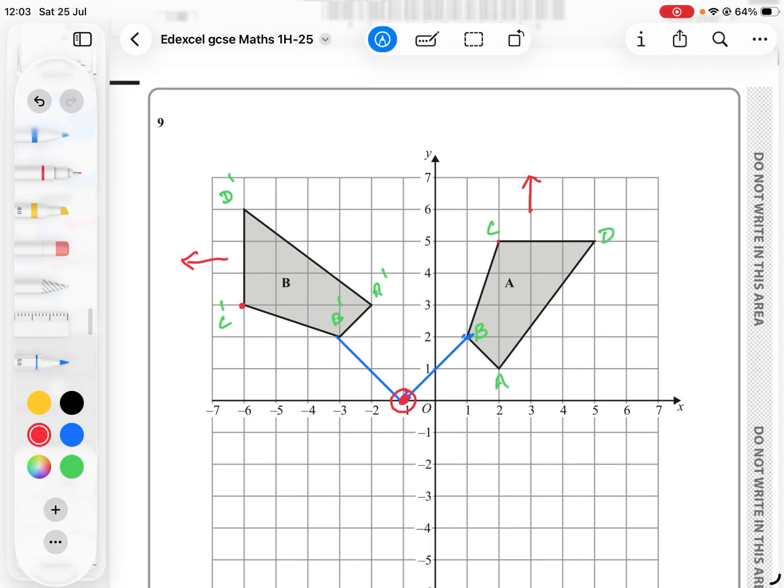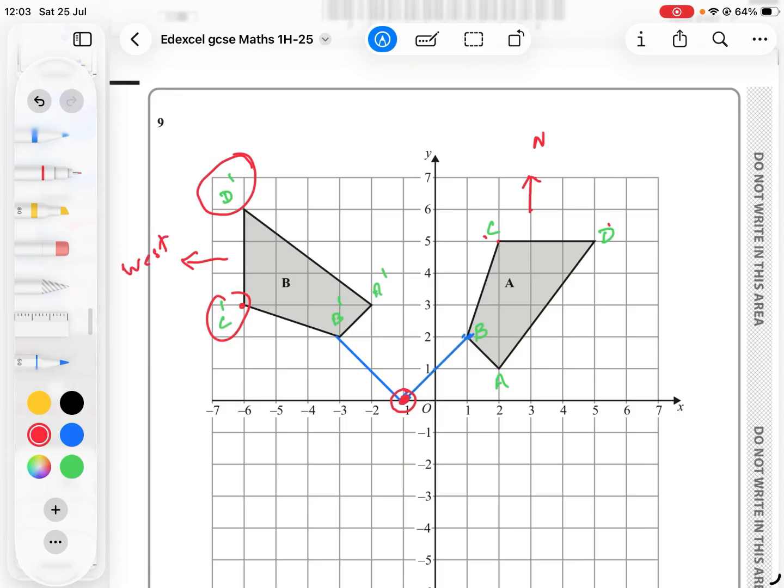Look at here, this arrow CD is going that way, north. But after rotation, D becomes D dash and C becomes C dash. So this now faces west.